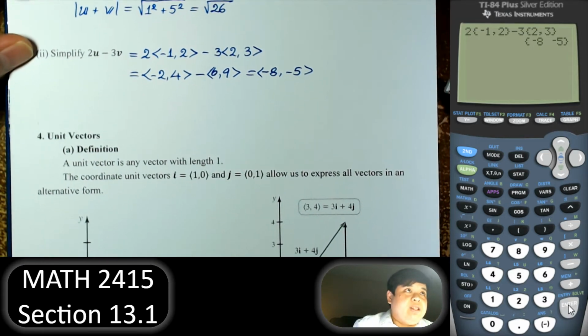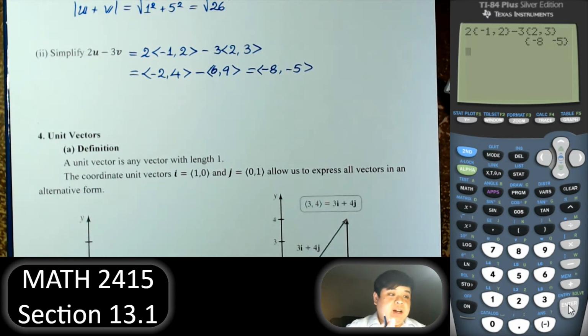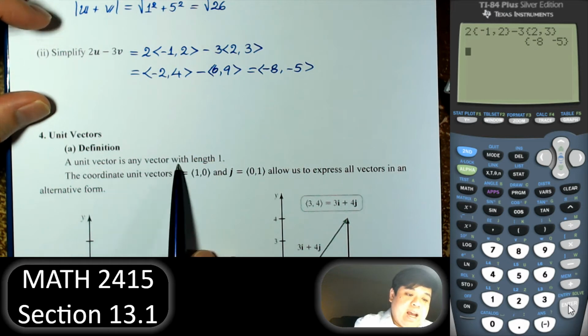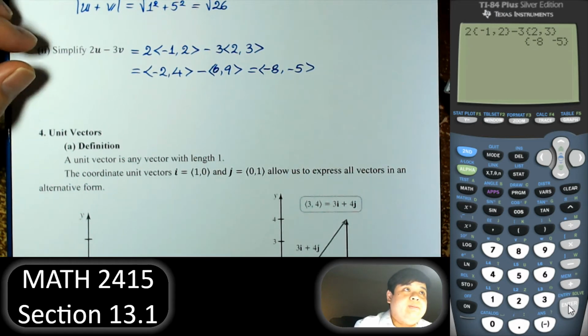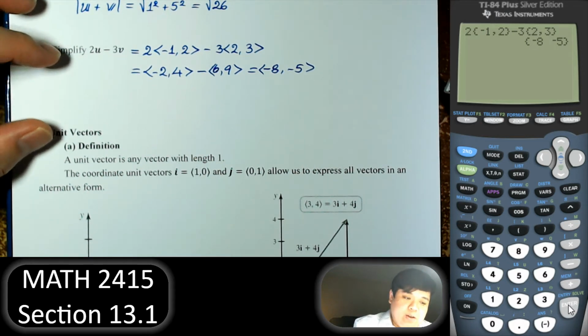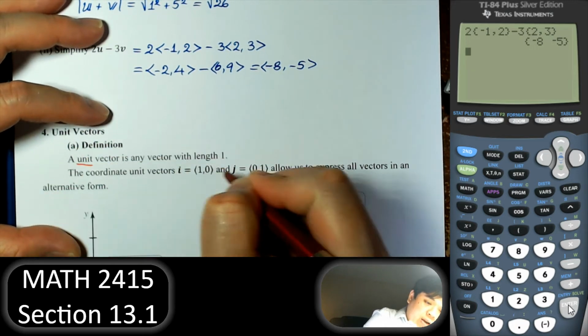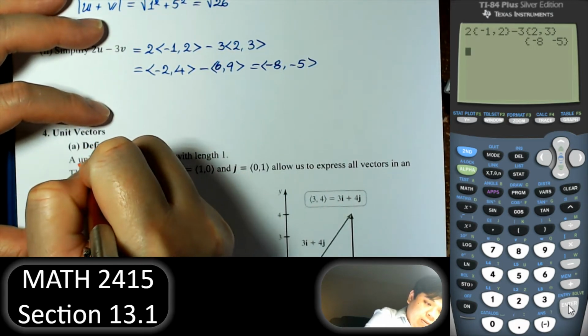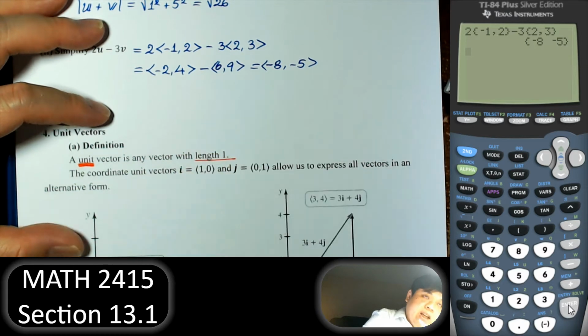Right. Unit vectors. So now we define the length of the vector. A unit vector is any vector of length 1, meaning the length equal to 1.